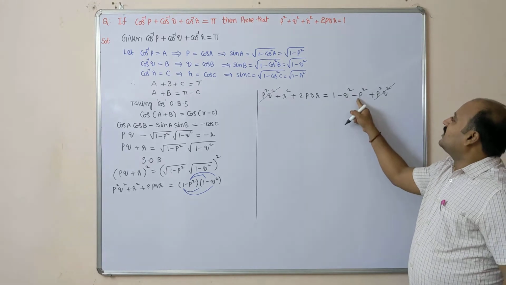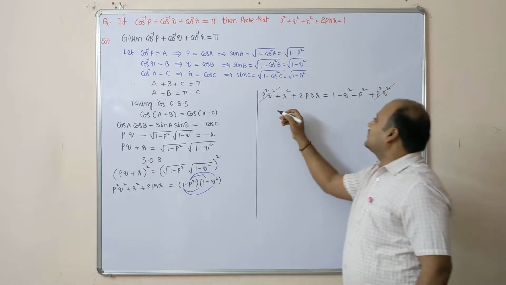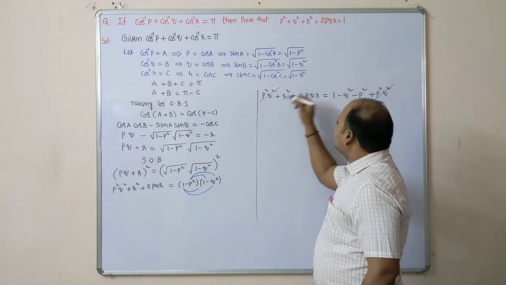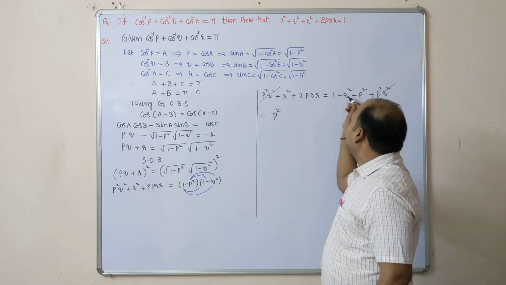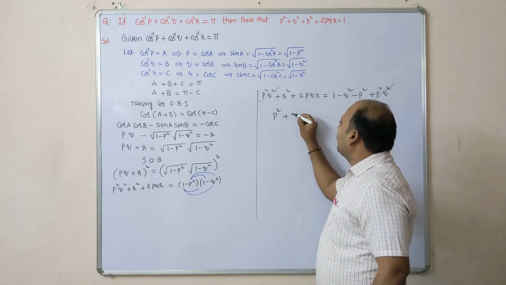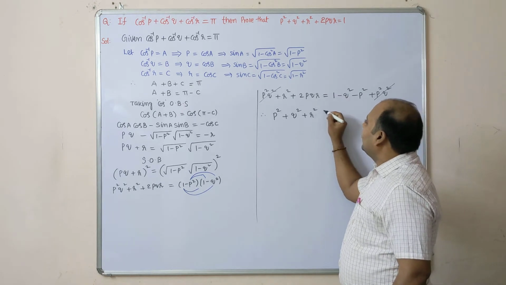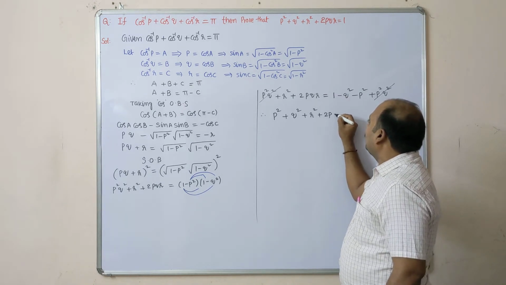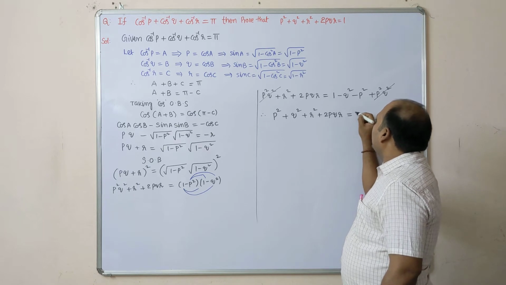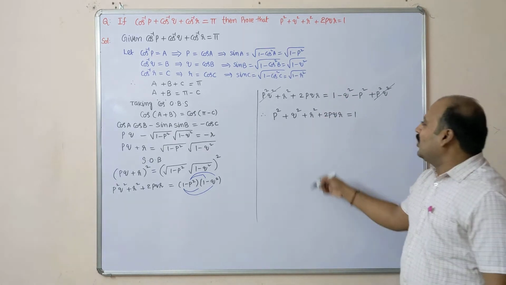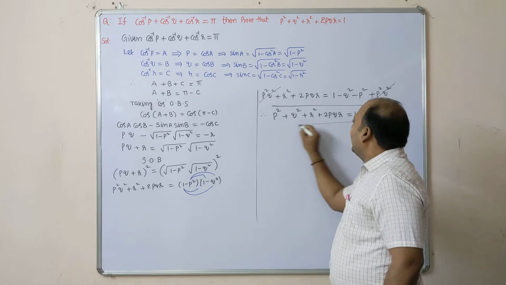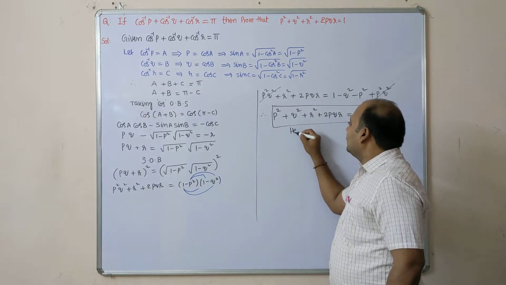Except 1, I am taking everything to this side. Therefore minus P square we can take to this side as plus P square, minus Q square as plus Q square, and plus R square is already there, plus 2PQR is equal to 1. That is what they are asking to prove. Hence proved, hence the result.